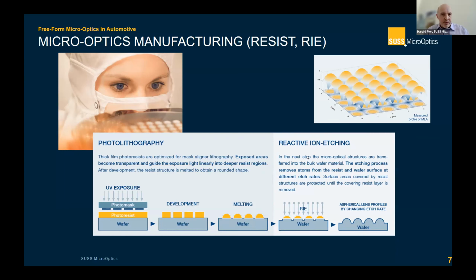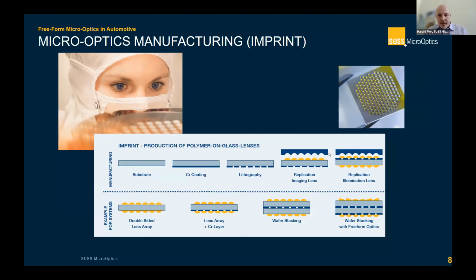You can do other things as well, but the feature window, the shapes you can obtain, are more limited than what can be done via imprint, which is the second technology.